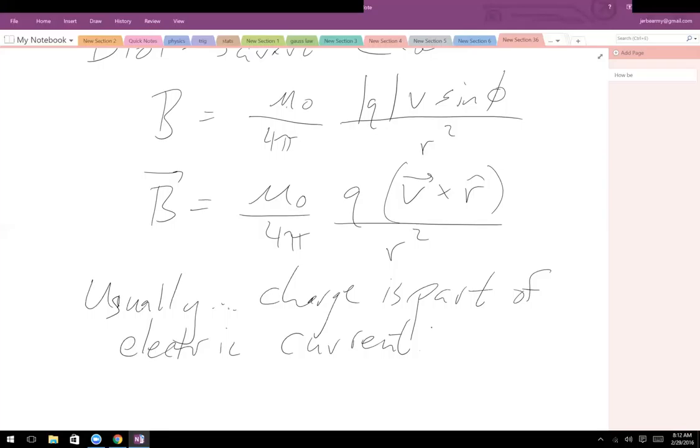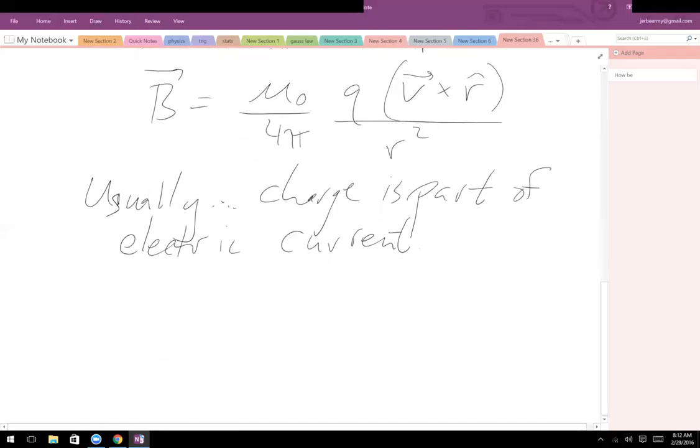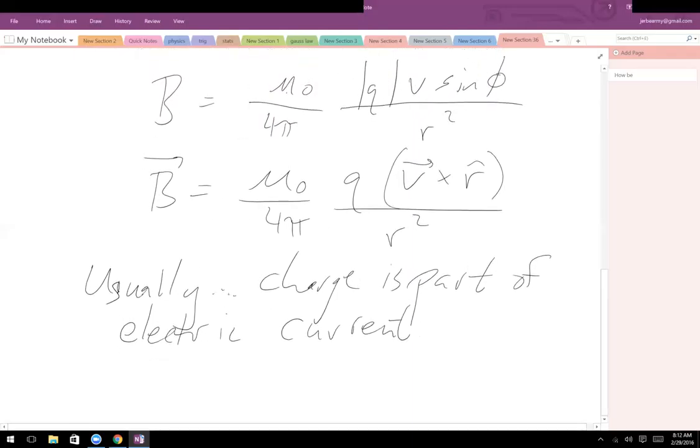All right. So what we'll actually use this for is if we've got a piece of wire and we just want to say, hey, what's the magnetic field caused by a little chunk of it? That's what we'll use this for. So how would this change when you're talking about current? You don't really talk about velocity, you talk about current, right?